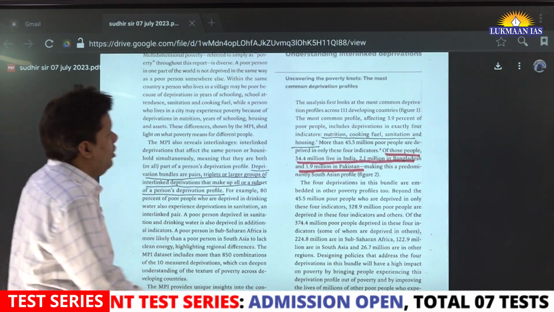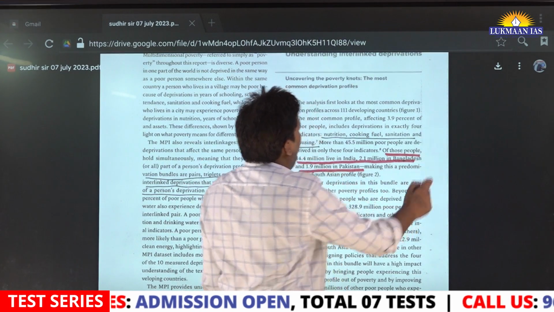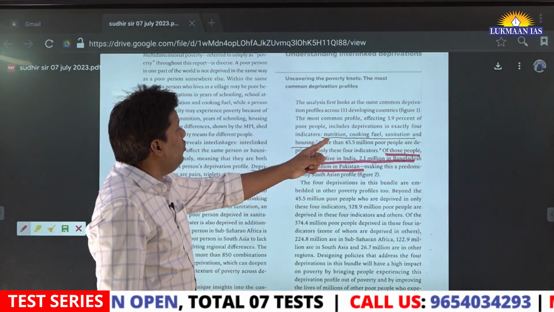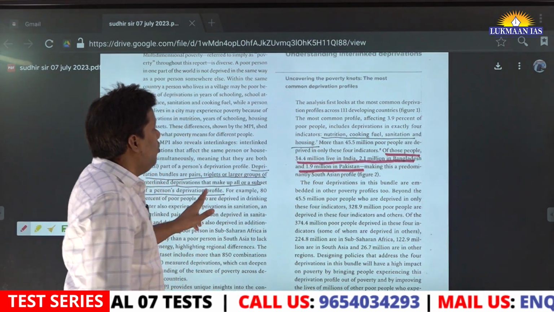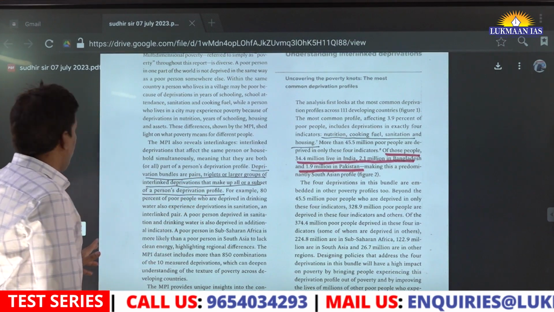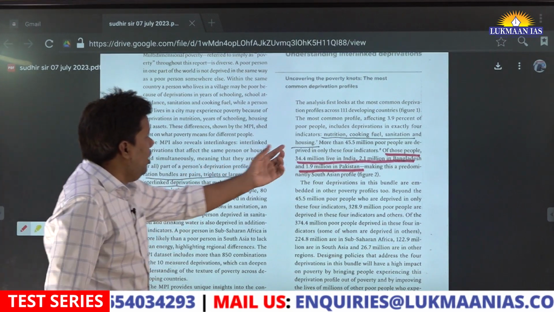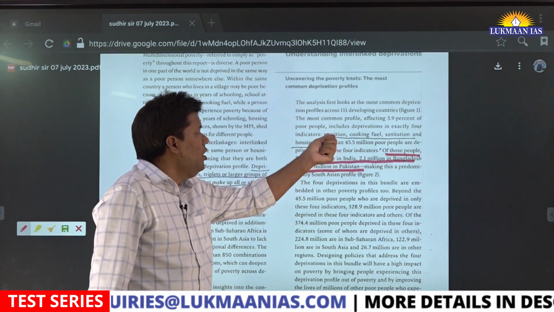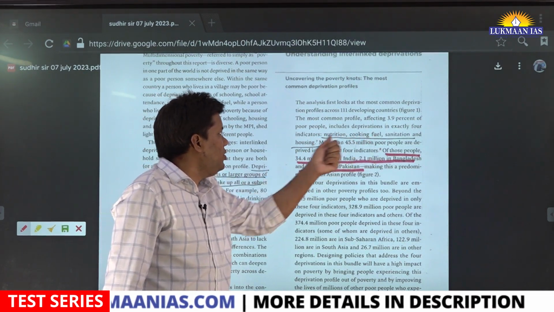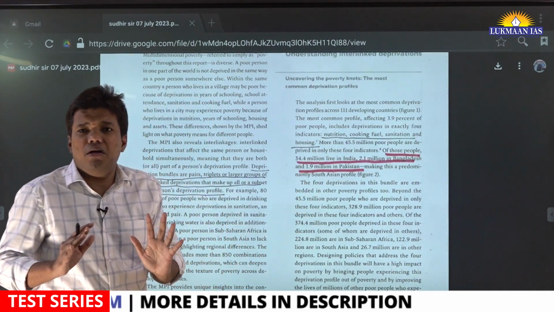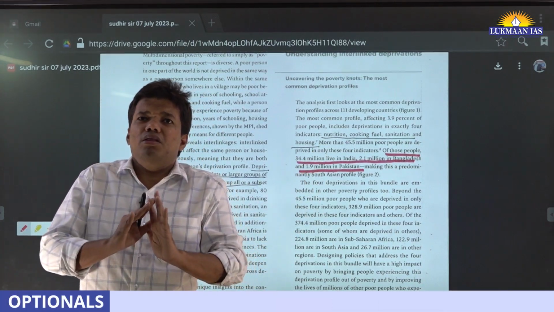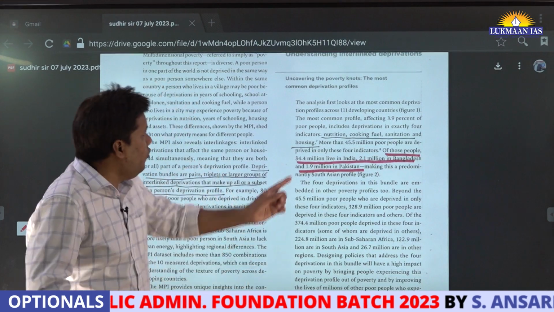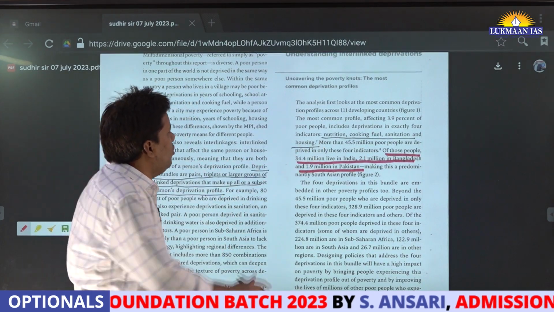So this point you can write in your mains copy. You can say nutrition, cooking fuel, sanitation and housing. Okay, these are the 4 important things, and this is the major cause of poverty. If you provide nutrition, cooking fuel, sanitation and housing to Indians, you have to focus more on this rather than on electricity.